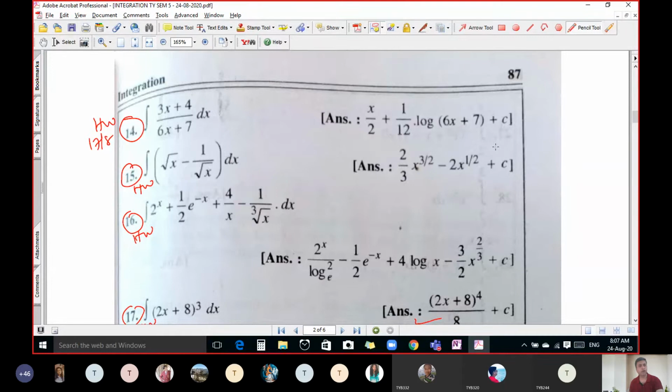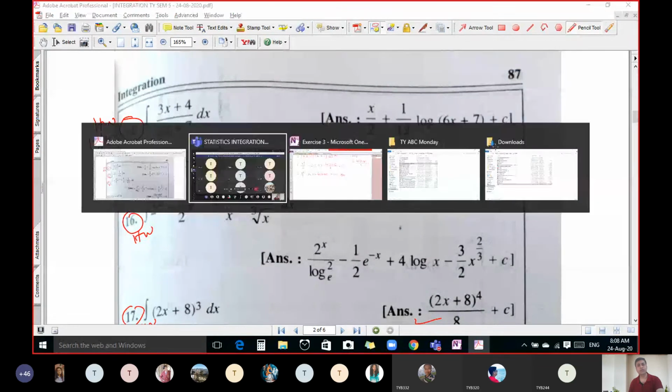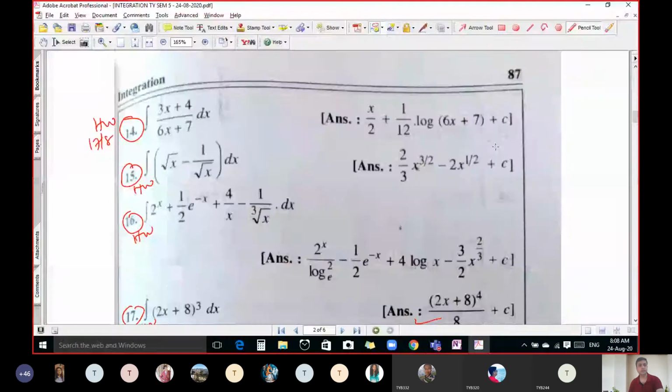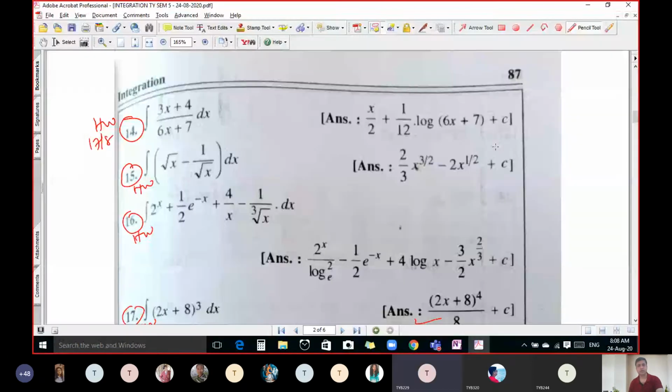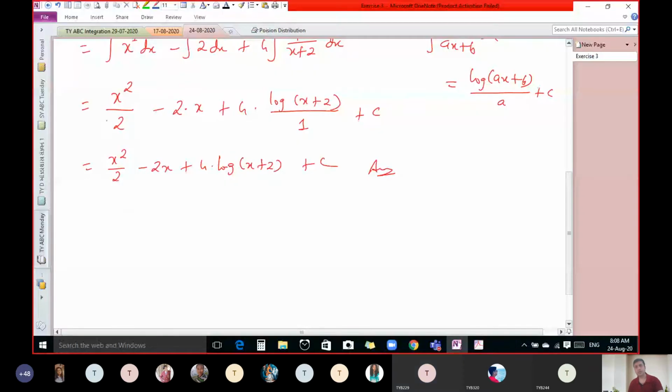But if you know the answer, I don't want to waste time. So does anybody want to solve this question number 14? Anybody have any problem in this question number 14? Yes, sir. Okay, let us do it. Question number 14.